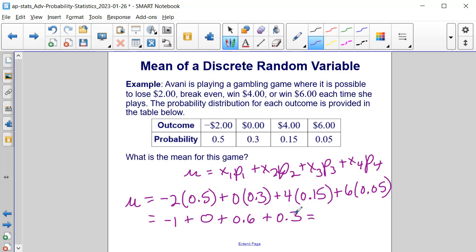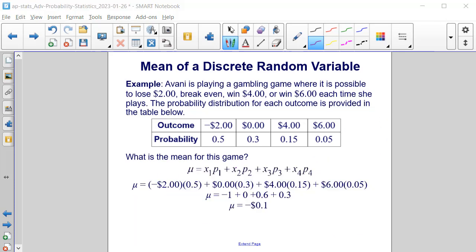And if we evaluate this, we'll get -1 plus 0.6 will be at -0.4, plus 0.3 would be at -0.1. And since our outcomes are in terms of money, that would end up being written as -10 cents. That is the mean for this game.